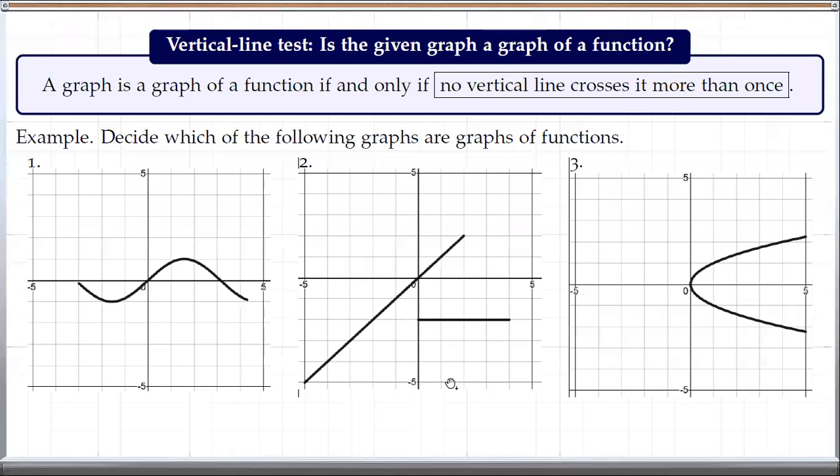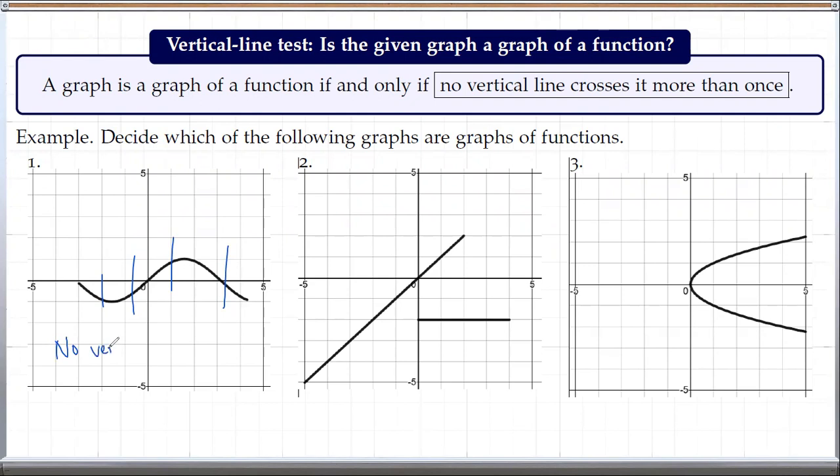So here are some graphs given. We want to decide which one of these graphs represent functions. If you look at the first one, no matter where we draw a vertical line, whether here or here, it doesn't cross more than once.